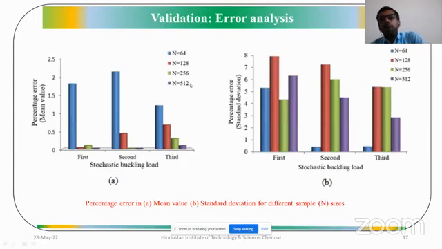So we want to predict 10,000 samples by giving 64 samples to the ANN. The ANN analyzes the 64 data samples and predicts for the 10,000 samples. Like that for 128, 256 and 512.